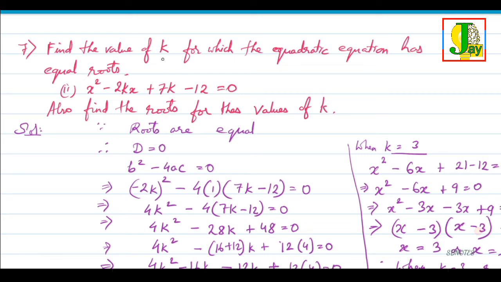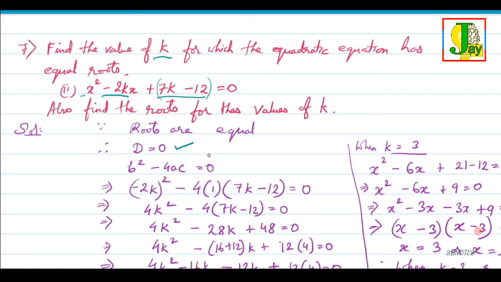In this question, you have to find the value of k for which the quadratic equation has equal roots. So when we have equal roots, d is equal to 0. In that case the roots are equal. So b square minus 4ac, putting the values, b is minus 2k, and a is 1, and c is this whole thing, because there is no x, so this whole thing has to be c.